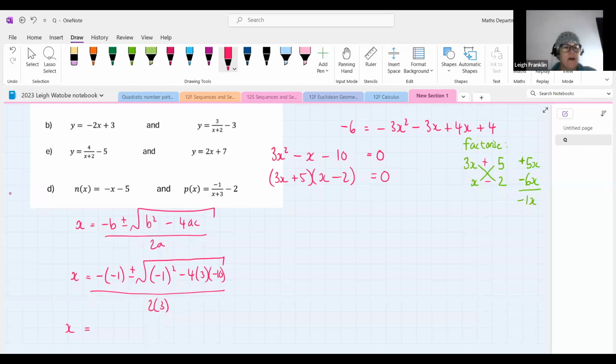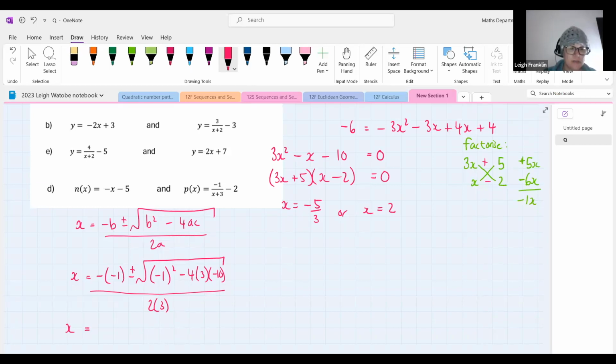Okay, so we should find we get the same answers here. Either x is equal to -5/3 or x is equal to 2. If you pop what is on the screen as far as the quadratic formula into your calculator, I'm just sticking it into my calculator now as well, just to check.